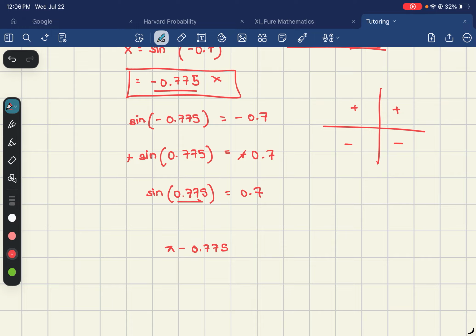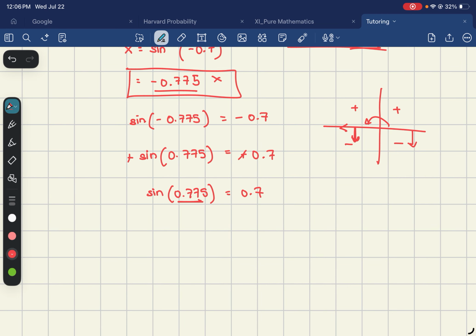So my solutions are going to be pi plus the acute angle, which will take me to the third quadrant. And again, angles are measured anti-clockwise. So in this direction, pi plus and 2 pi minus. That is how I'm going to get to my third and fourth quadrant using acute angles. This only works if you have acute angles.